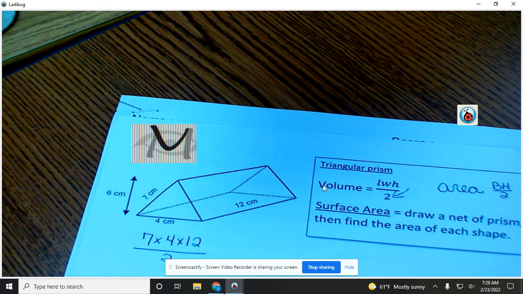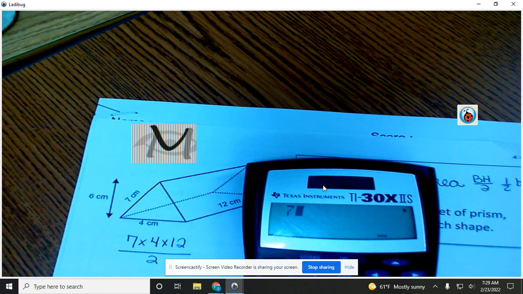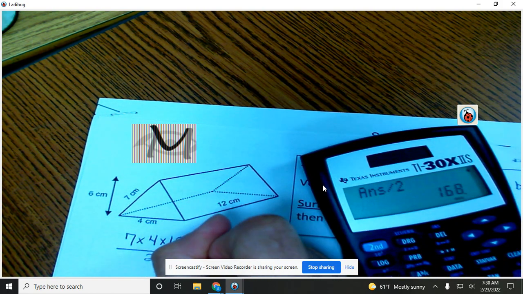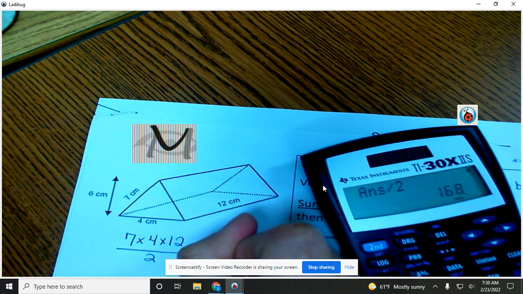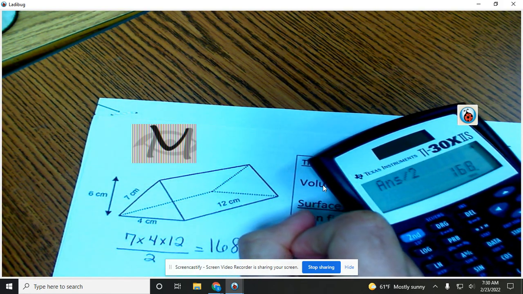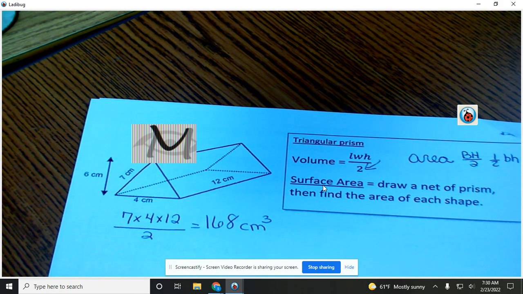You are going to do 7 times 4 times 12, and then divide it by 2. So the volume for this one is going to be 168 cubic centimeters. So that's what your answer is going to be for this one.